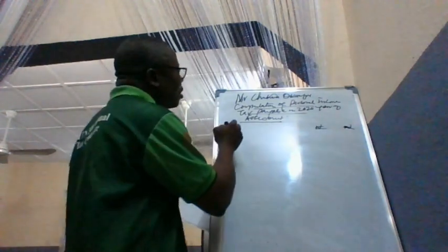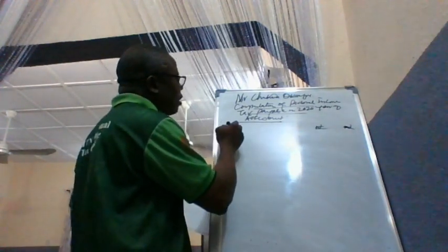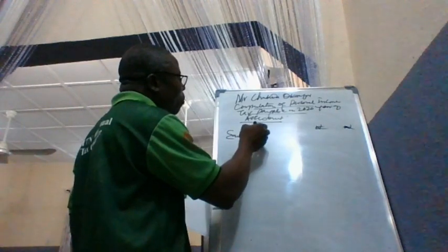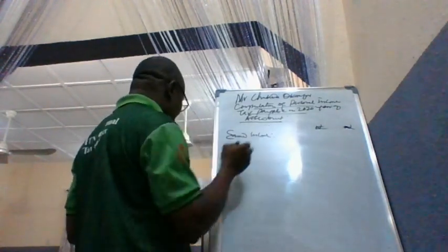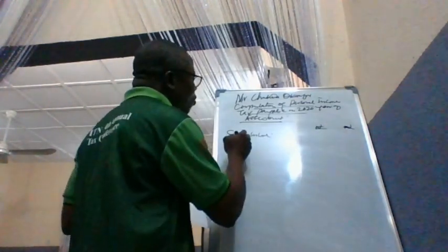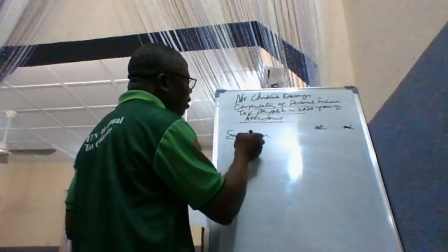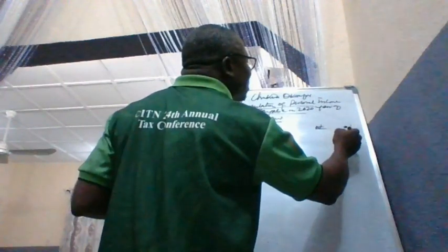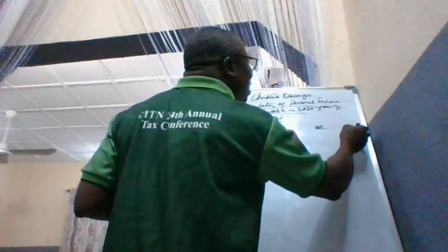Number one, following our format, is the income. We have the salary. How much was the salary? 6,500,000 naira.